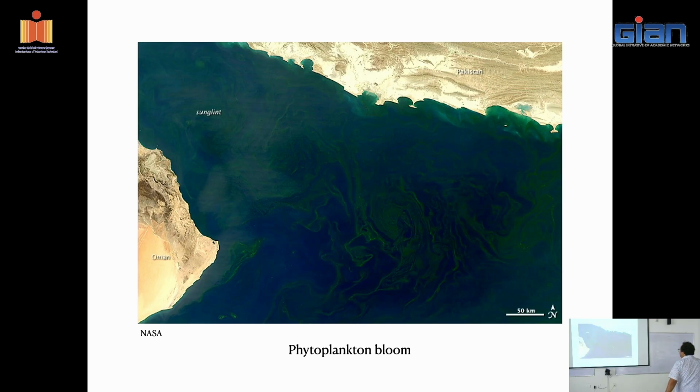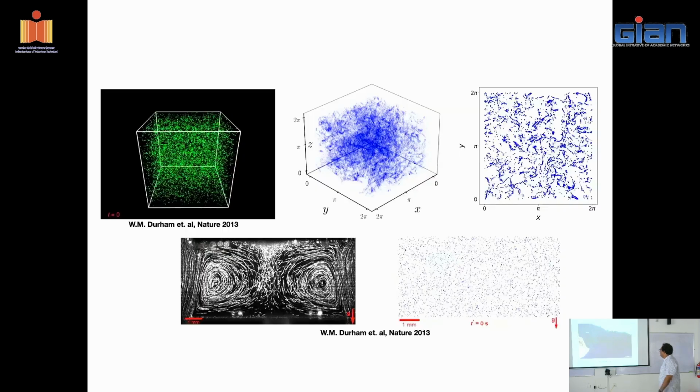And this is happening over a much larger scale, and the dynamics that I was talking about, chemotaxis, is happening on a smaller scale. And if you recall the statement that I made, what is happening at a smaller scale can lead to effects at a much larger length scale. And this is where the flow physics of the underlying flow and other things come into the picture, and that's why people are interested in modeling these things.